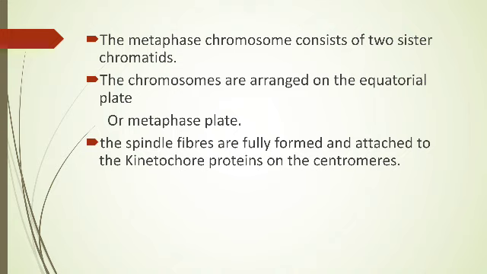That means the equal distribution of the sister chromatids is going to take place in the anaphase, and if in the metaphase any single chromosome fails to get attached to the spindle fibers, then it will not go into the anaphase. If it did, there would be abnormality in the number of chromosomes in the anaphase.